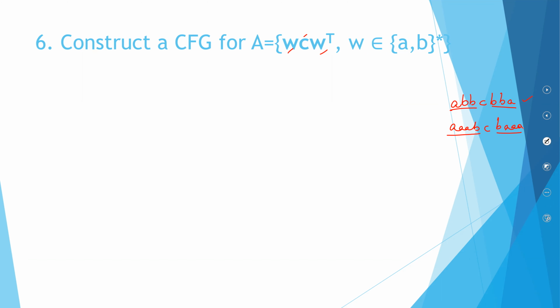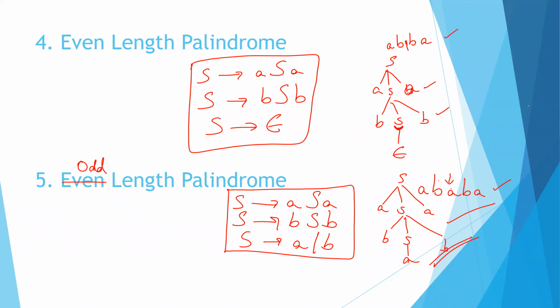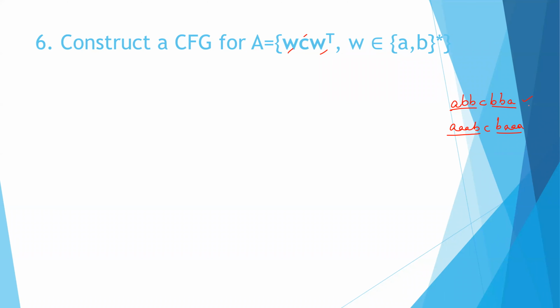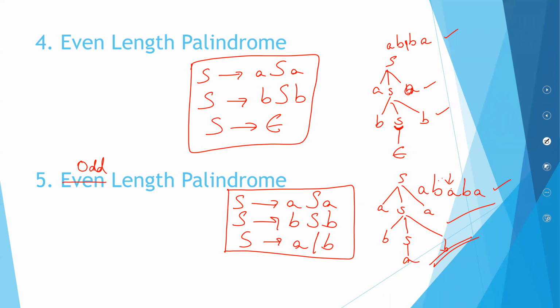Okay, so let's see how you construct the context-free grammar for this. It follows the same logic of your palindromes. If it starts with an A, it should end with an A. If it starts with a B, it should end with a B. And in between, what should be there?